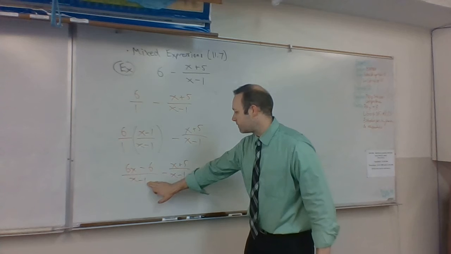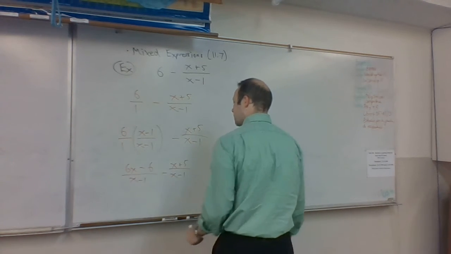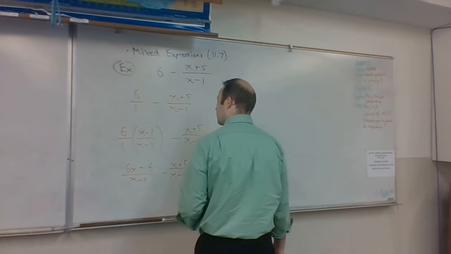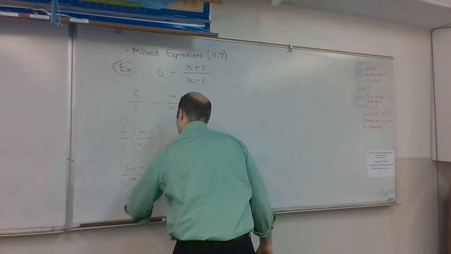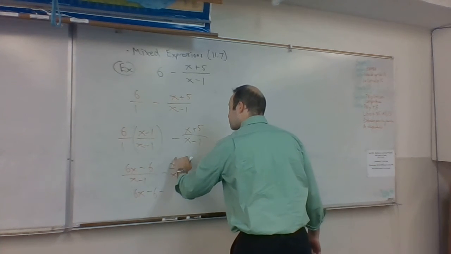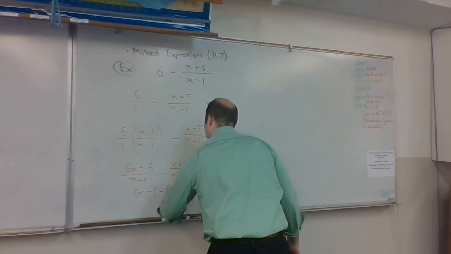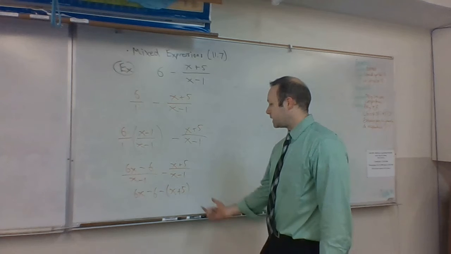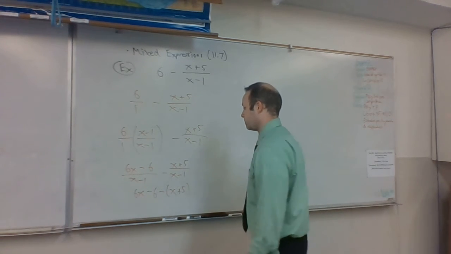All right, we have the same denominator. Now we can combine them. So we're going to add, or technically subtract, the numerators. So that will give us 6x minus 6 minus, and we're subtracting this whole numerator. So be careful to keep that whole numerator is what's being subtracted, and that negative will distribute.